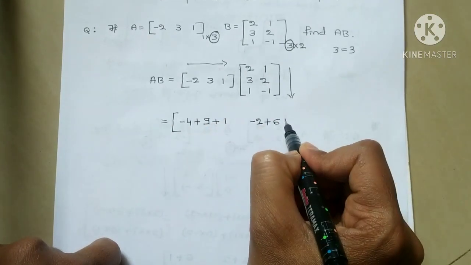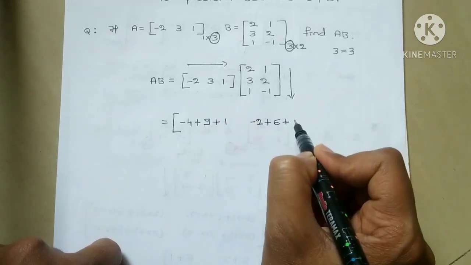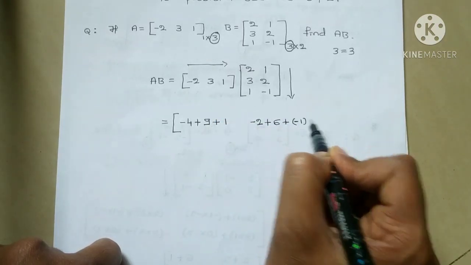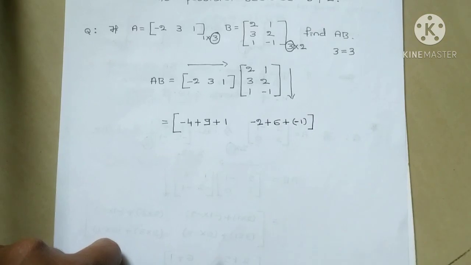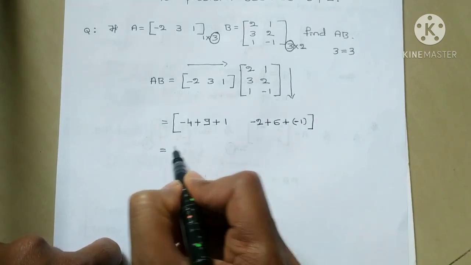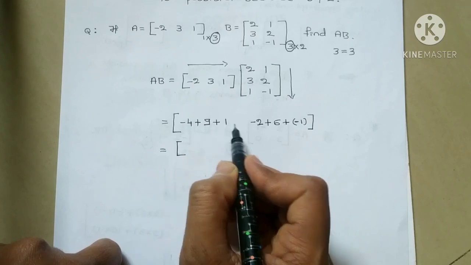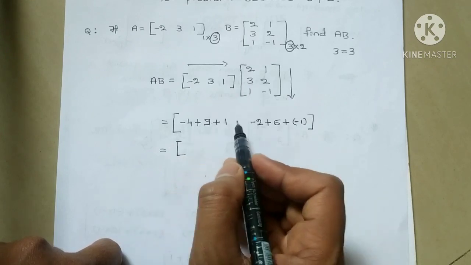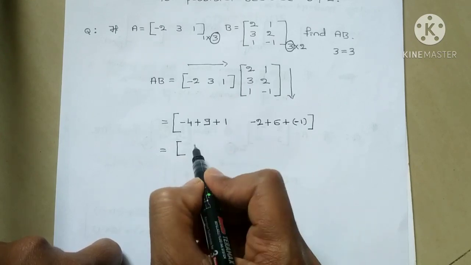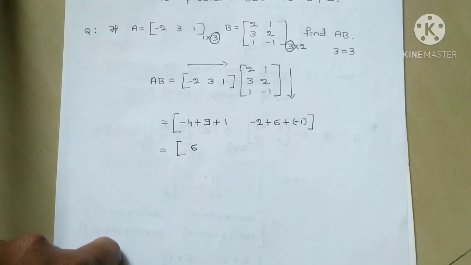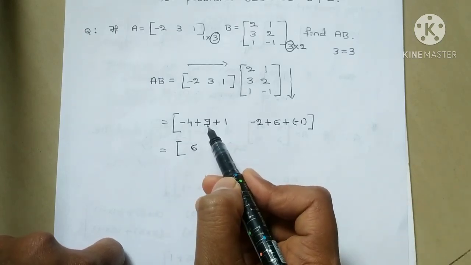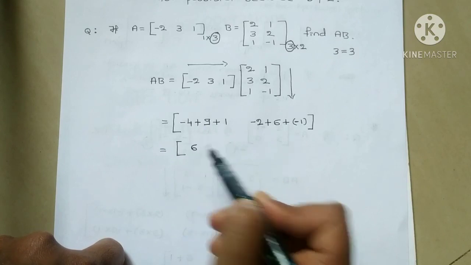Next, plus 1 into -1 is -1. So keep it in bracket. So next, which is equal to? So -4 plus 9 plus 1, it is 6. Correct? Because -4 plus 9 is 5. 5 plus 1 is 6.